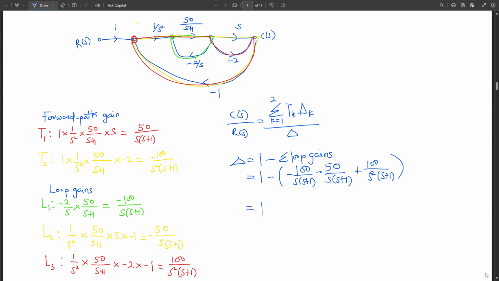We can decide to simplify it. You get 150 over s plus 1 and minus 100 over s squared times s plus 1.